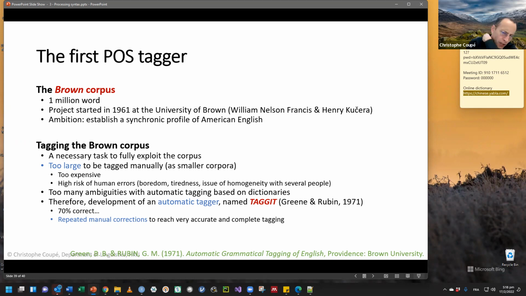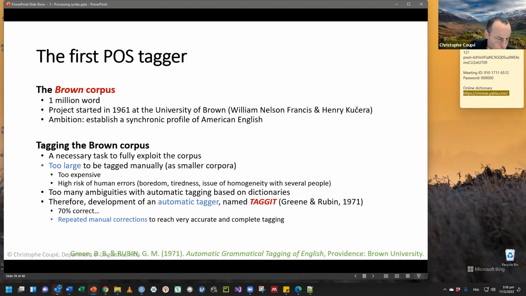They wanted to understand better what American English looks like, and they wanted to tag the corpus. They needed that to better understand the profile of American English at that time, a synchronic profile at time t. But the point is that it was 1 million words.